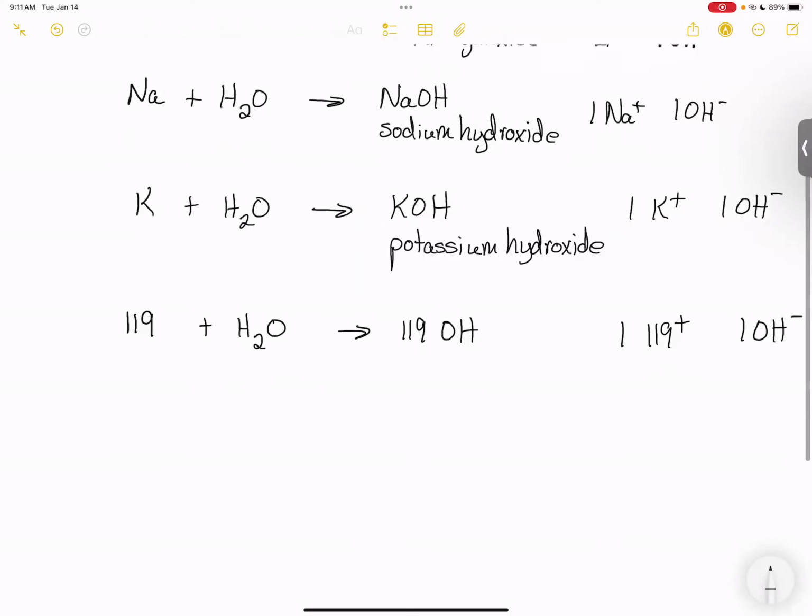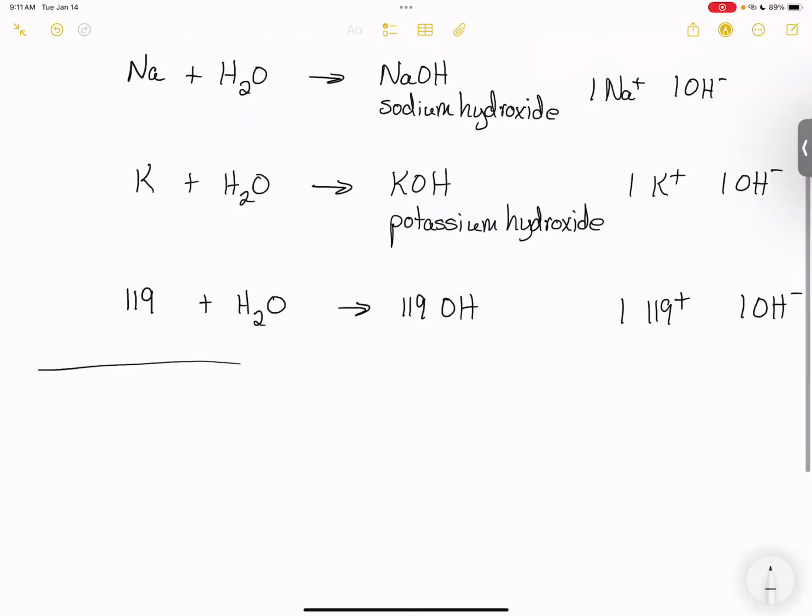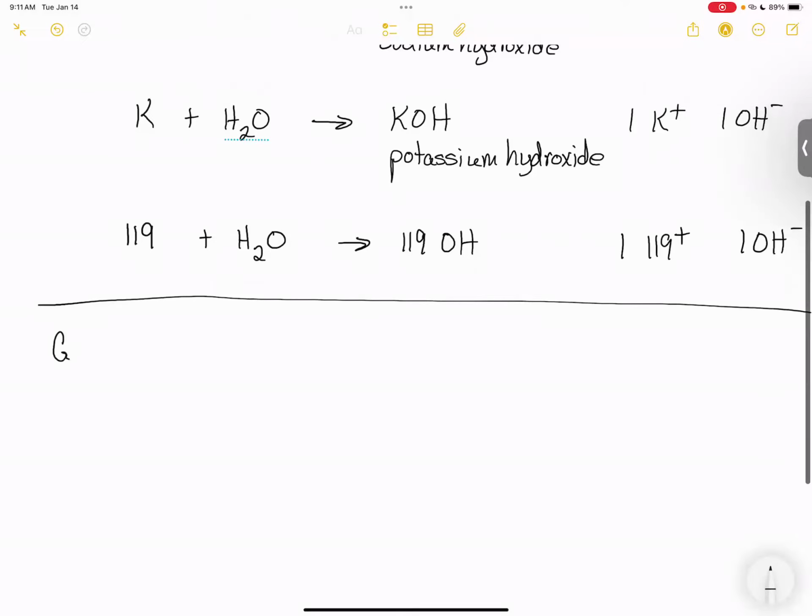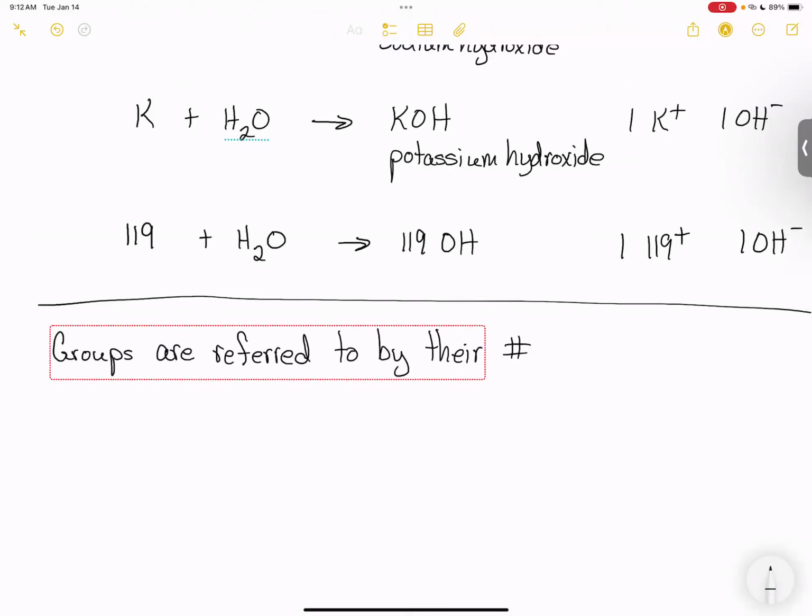Now, most of the groups are referred to by their number. Group 3. It's the third column.